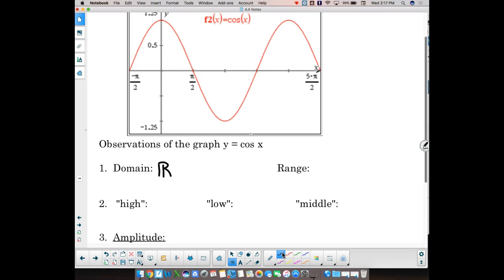Range of cosine. -1 to 1. Same as sine, right?